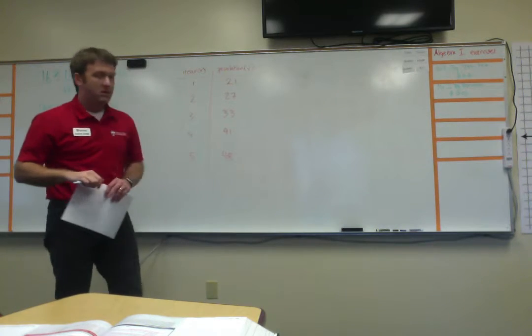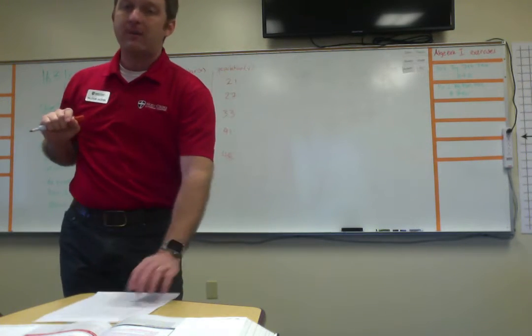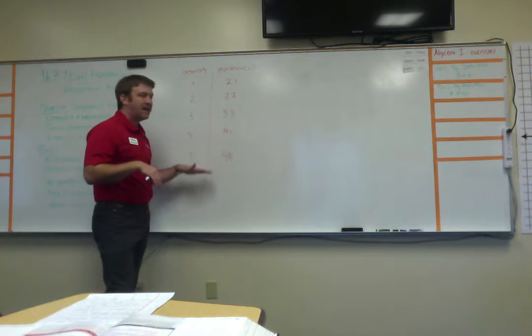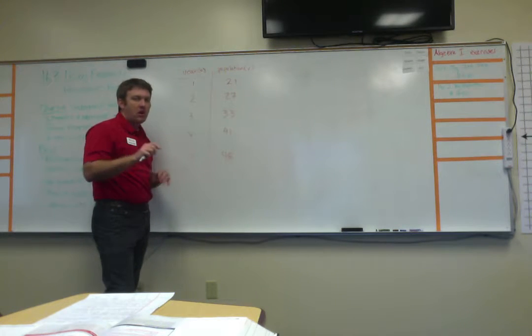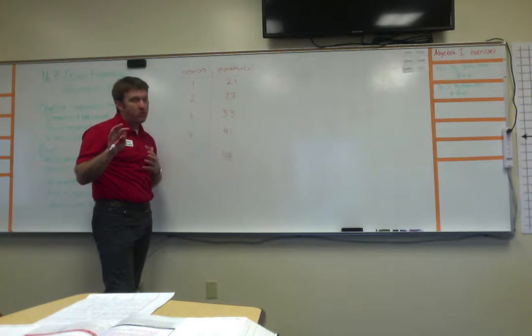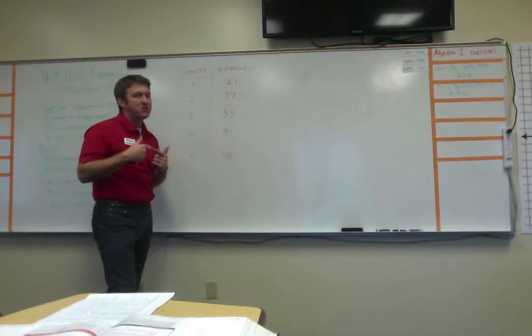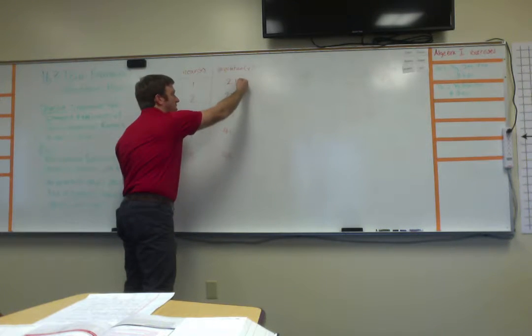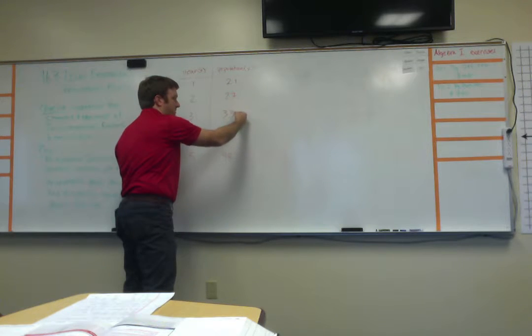Okay? Now, again, we need a way to guess at a function that will fit this data. And remember, an exponential growth or decay is like a geometric sequence. So what we're looking for is a particular ratio from here to here, from here to here, from here to here.